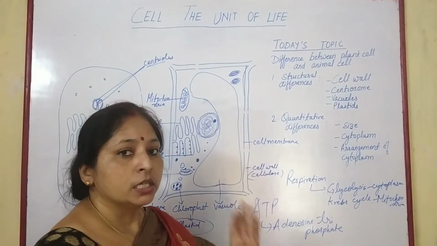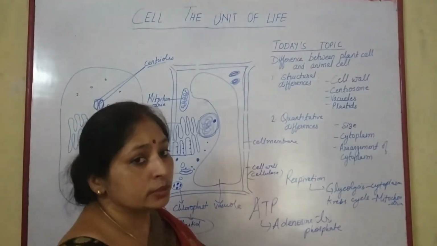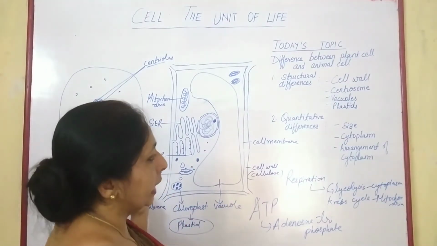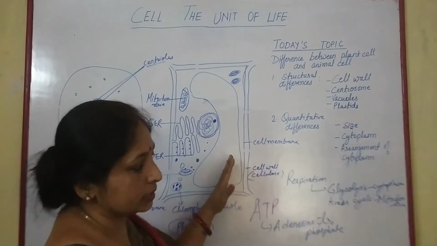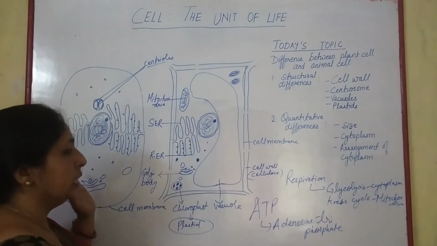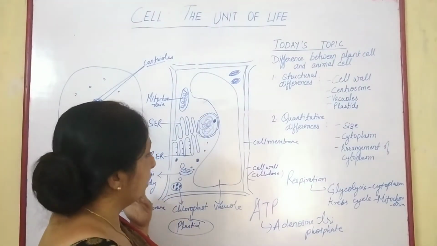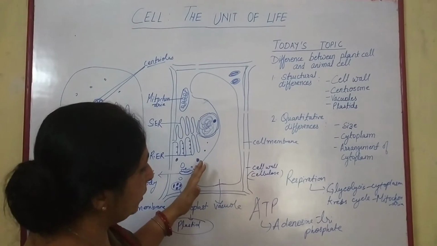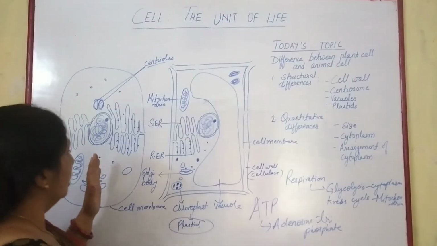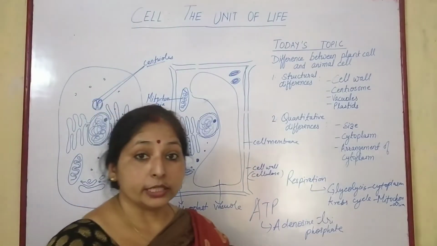Quantitative difference: size of the animal cell is comparatively smaller than the plant cell. Cytoplasm is more in amount in the animal cell, less in the plant cell. Arrangement of cytoplasm is towards the periphery in the plant cell, while it occupies most of the part in animal cells. So this is all about today's topic.